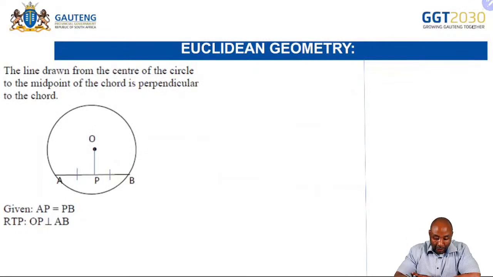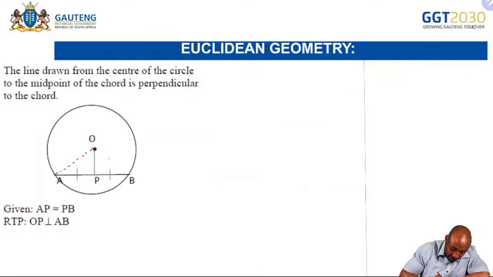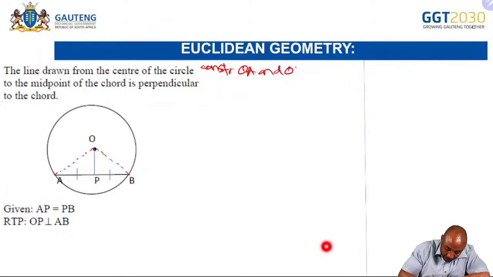We were not required to prove this one before, but now we have to prove it. Again, construction or construction statement first before you do anything. So I'll write it on top here, construction. I will construct OA and OB. Then I'll name my triangles.